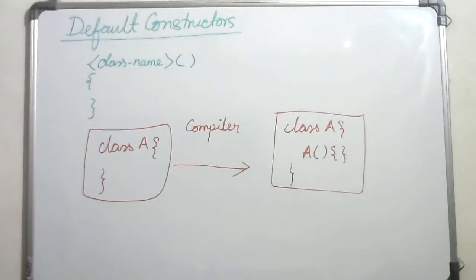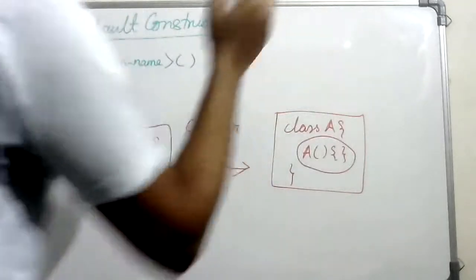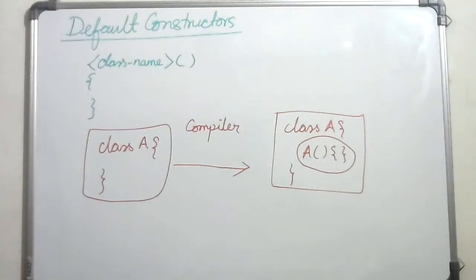So you provide the compiler with a class that does not have a constructor written by you. The compiler will provide a default constructor, which is nothing but the constructor mentioned here. So this is the constructor that the compiler will provide. It is one form of default constructor provided by the compiler. So when you are writing programs, you can obviously write a default constructor like this.